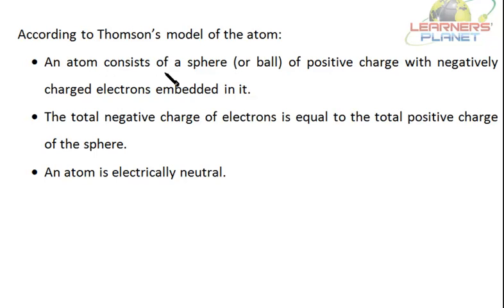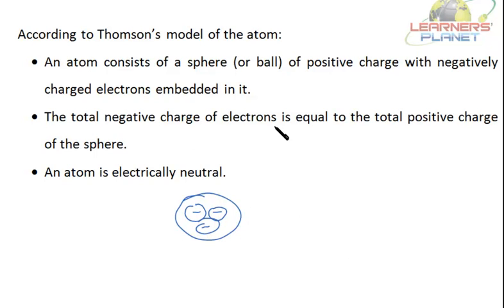An atom consists of a sphere or ball of positive charge with negatively charged electrons embedded in it. It's like a pudding, with a sphere of positive charge and the negatively charged particles scattered or embedded in it.